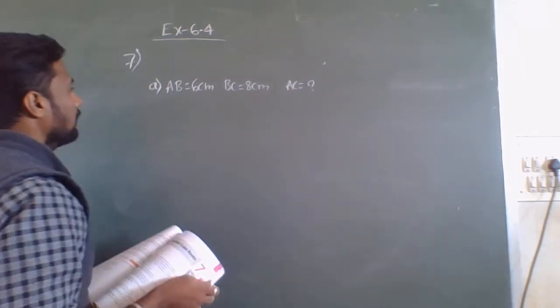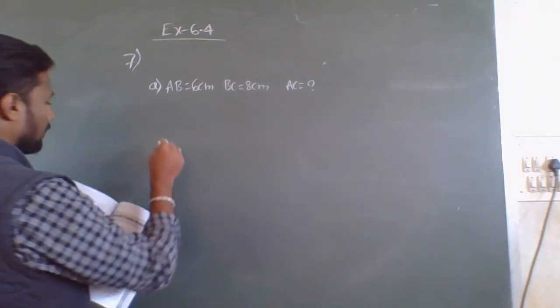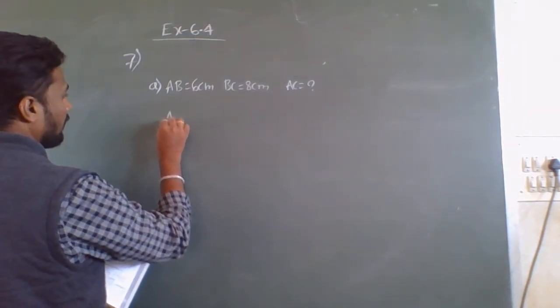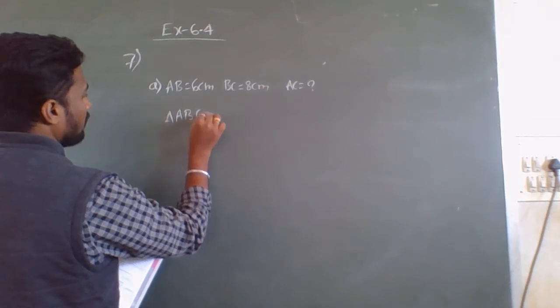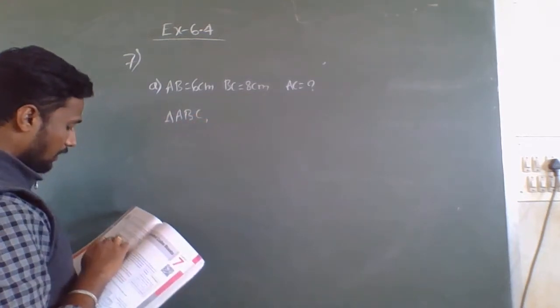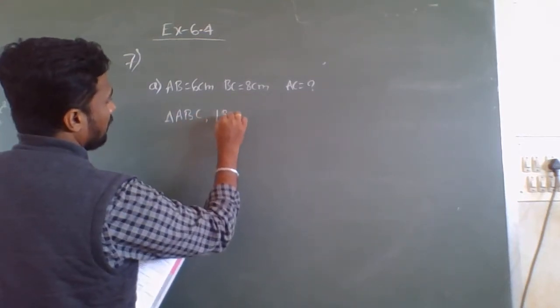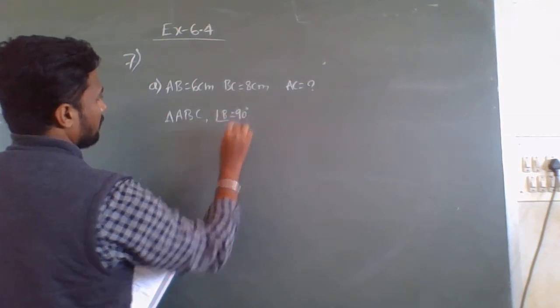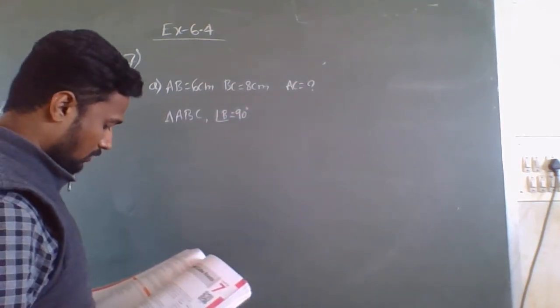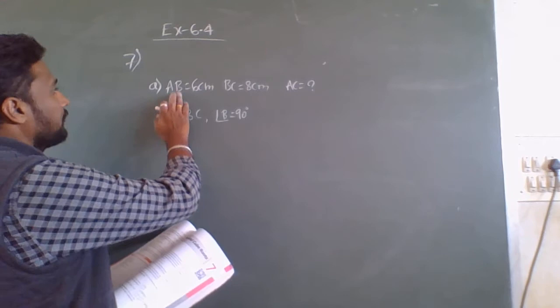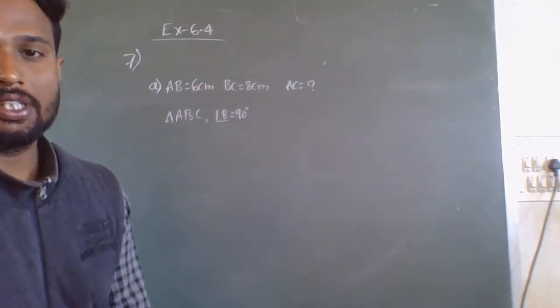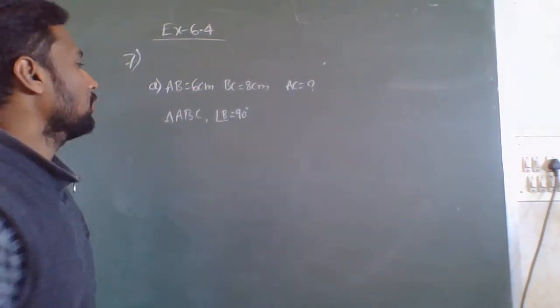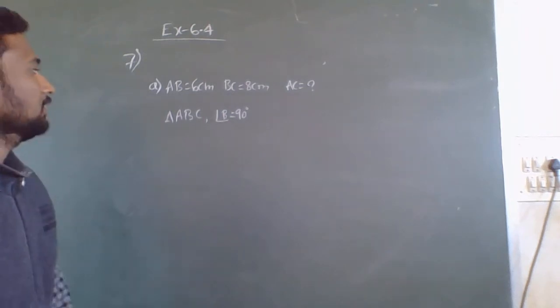What is given here: in a right angle triangle ABC, right angle at B, means angle B is 90 degree, and length of AB is 6 centimeter, BC is 8 centimeter. We have to find the length of AC.